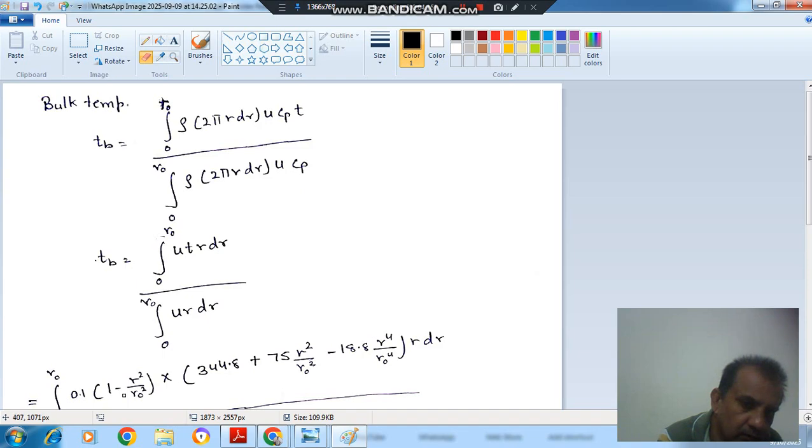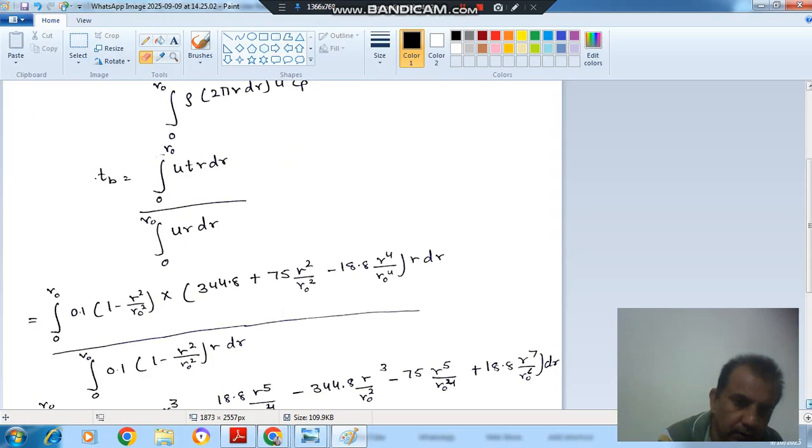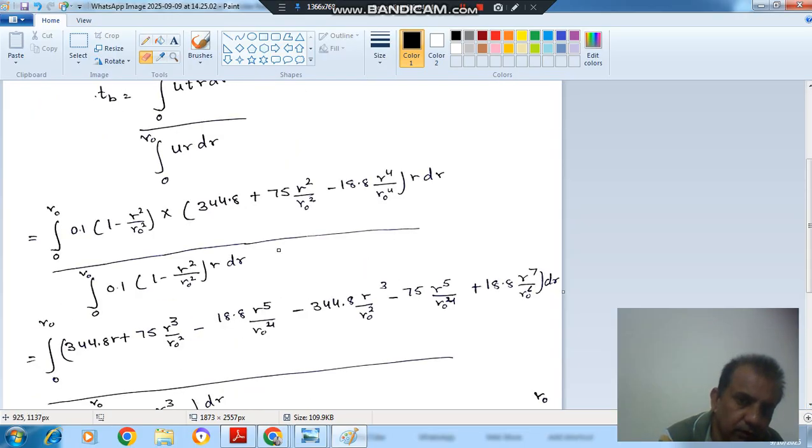So now we can put the value of U, that is 0.1 [1 - r²/R0²], into the value of T, that is [344.8 + 75 r²/R0² - 18.8 r⁴/R0⁴] r dr. And here the value of U is this, again putting the value of U, times r dr. Now we can multiply this term with this, and also multiply r here.